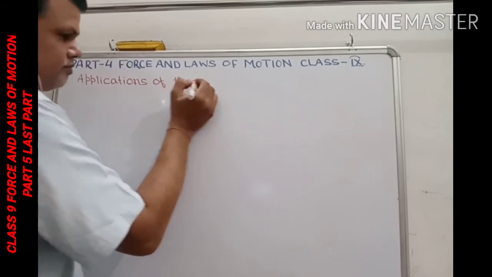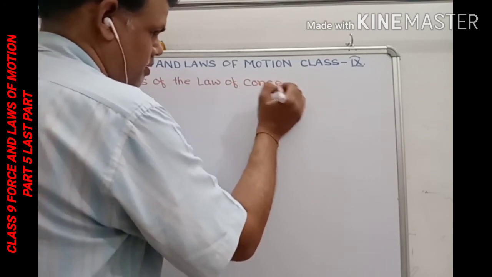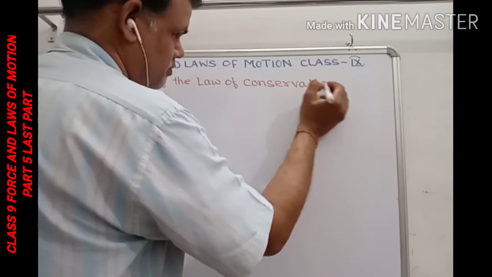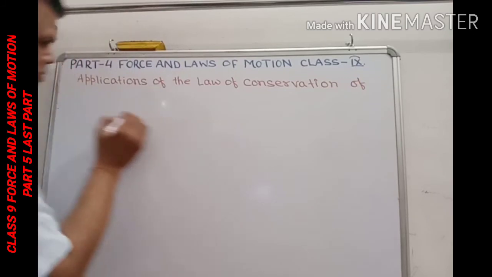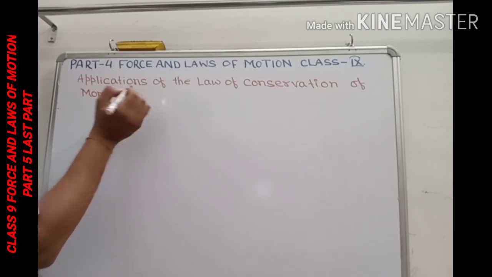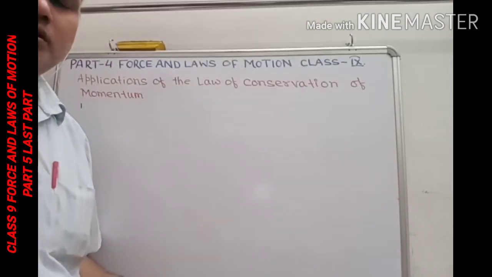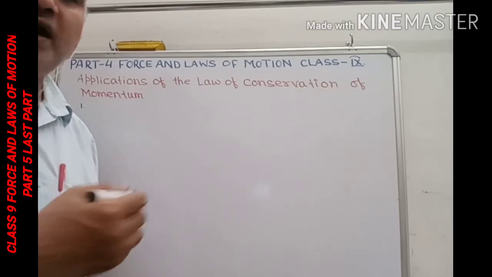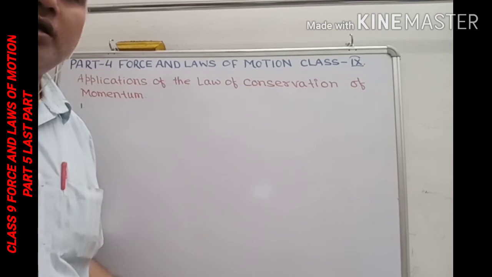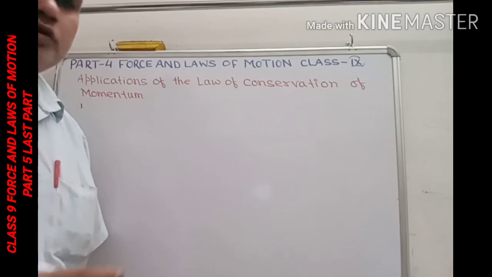For the first point, we should hold the gun tight on our shoulder, because when we fire a bullet, due to the recoil of the gun, the target can be missed if we do not hold the gun tight to our shoulder, because the gun recoils.